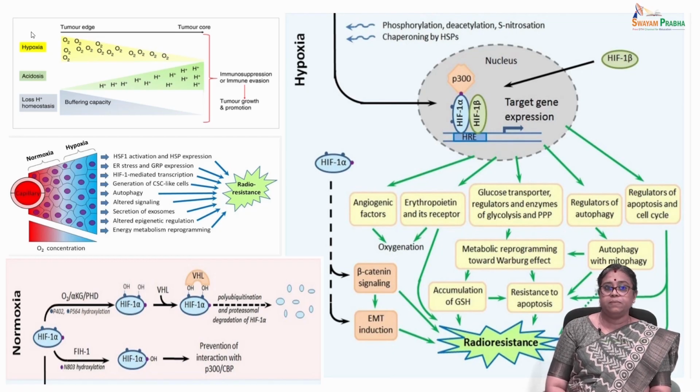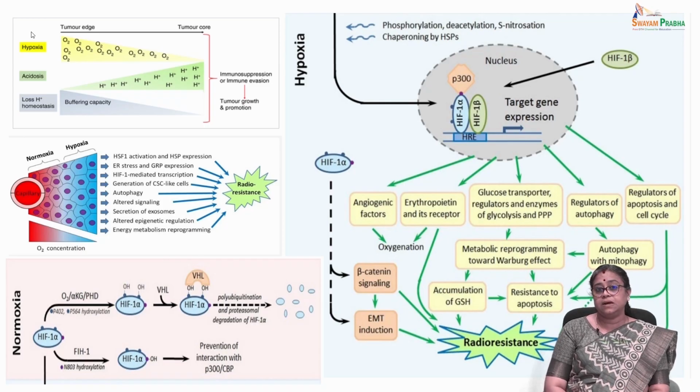There is HIF1 mediated transcription. Generation of cancer stem cell like cells is more in the hypoxic region. And then autophagy, altered signaling, secretion of exosomes, altered epigenetic regulation and energy metabolism related reprogramming happen in the hypoxic region.